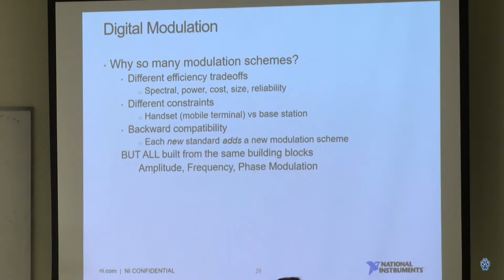So why so many modulation schemes? ASK, QSK, QAM, a lot of different names, right? Different ones have different efficiency trade-offs. When we talk about modulation, we talk about spectrum, power, cost, size, and reliability, and each one has different constraints. Some signals are easier to use in a mobile terminal, and some are easier to use in a base station.